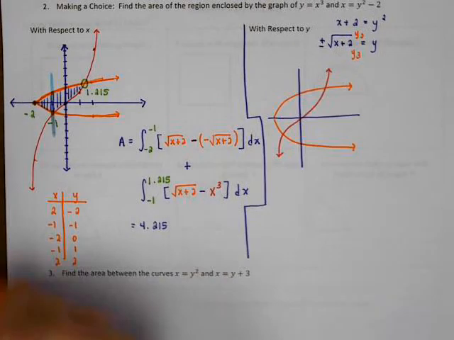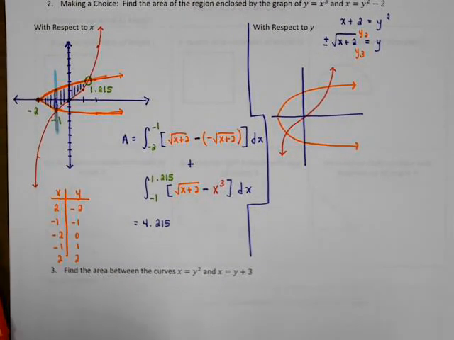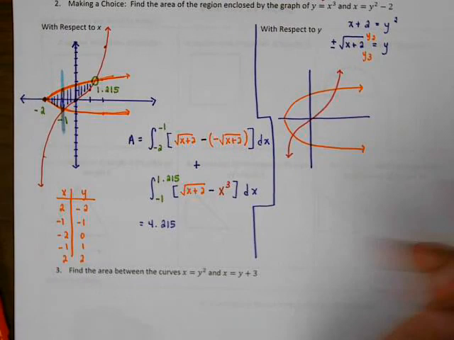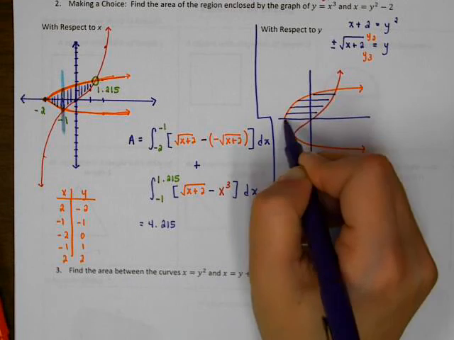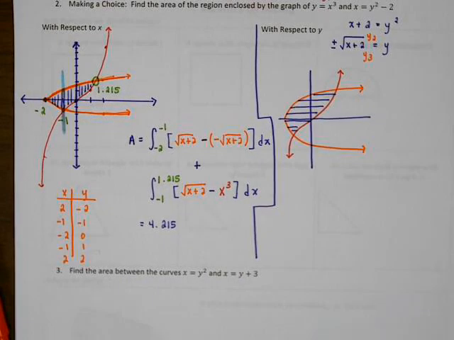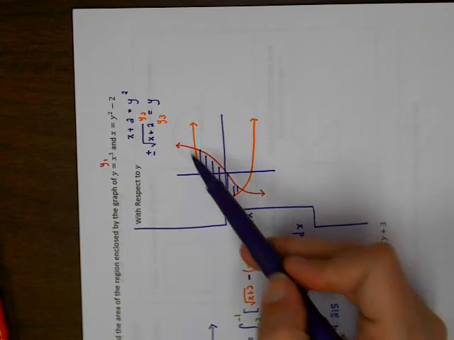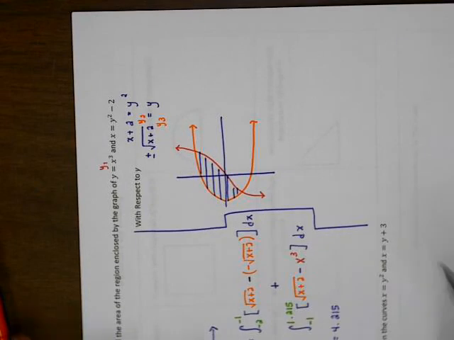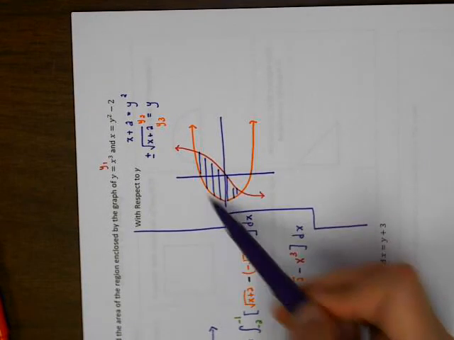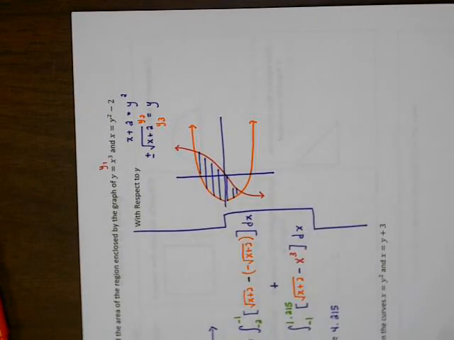If I think about this with respect to y, then instead of thinking about top and bottom, I'm going to be thinking about right minus left. Now if I rotate my picture so I can get a better visual, the red function is always the top. In other words, that's the right. And the orange function is always the left, the bottom.